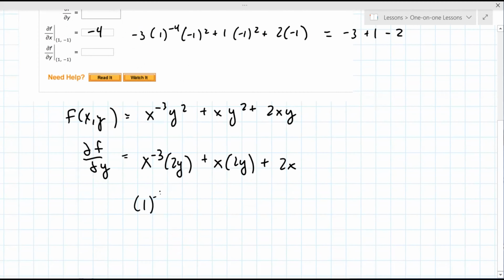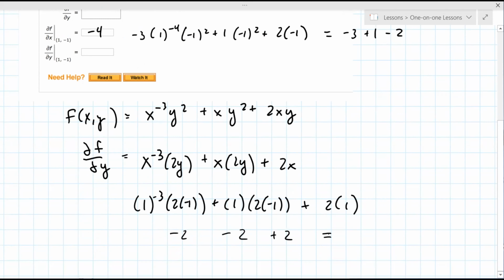And then you evaluate it at that point again. So it's 1 to the minus 3 power, 2 times minus 1 plus 1 times 2 times minus 1 plus 2 times 1. So this is negative 2 minus 2 plus 2. So this looks like it ends up being minus 2. And that's a pretty straightforward one here.